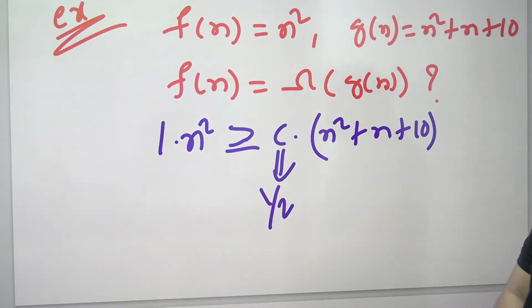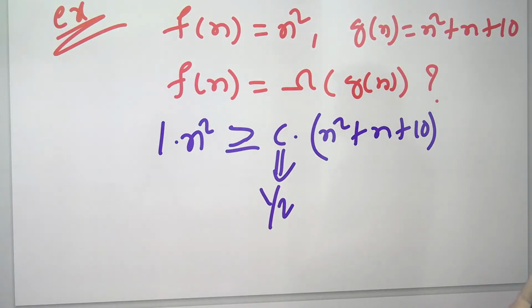If you see, left side is full n square, but right side is half n square. If n value is 1 lakh, n square becomes 1 lakh, but on the right side, 1 lakh by 2 is 50,000. There is a big difference. Forget about small values, take care of the bigger function.